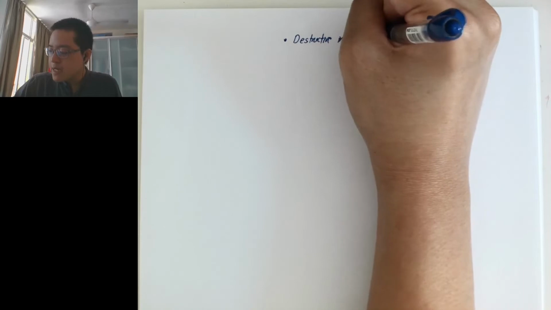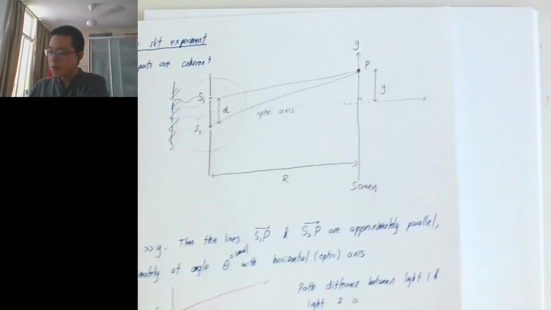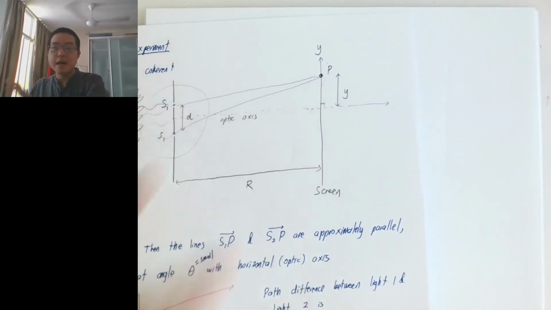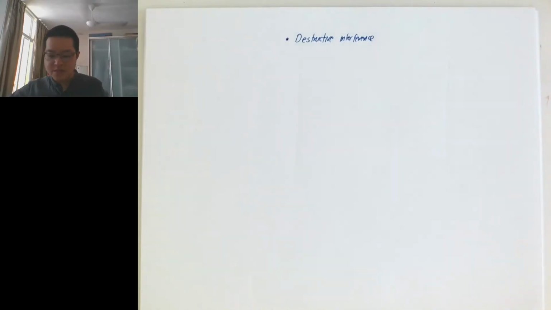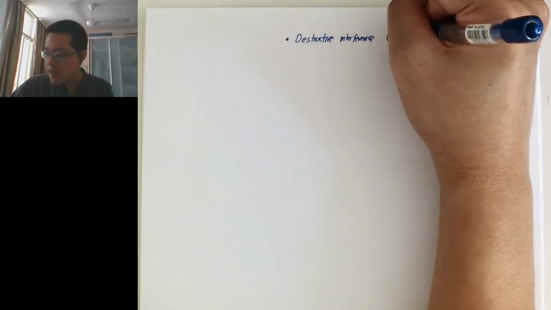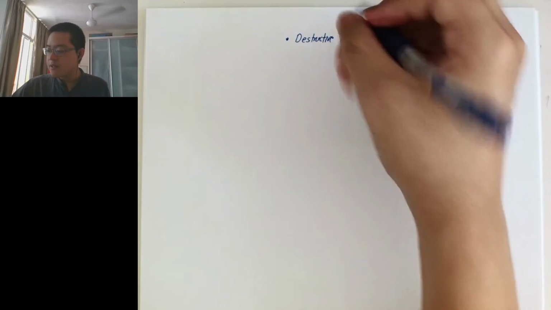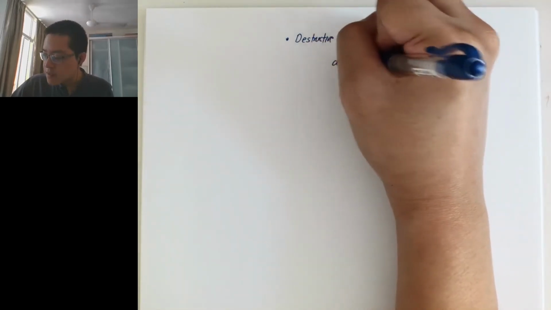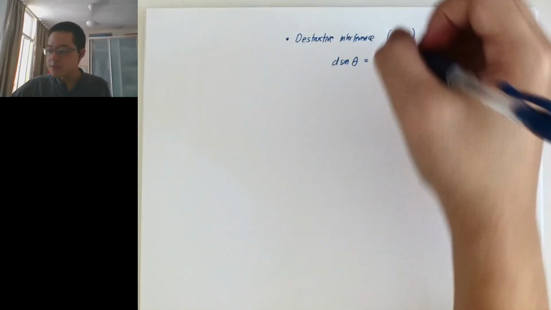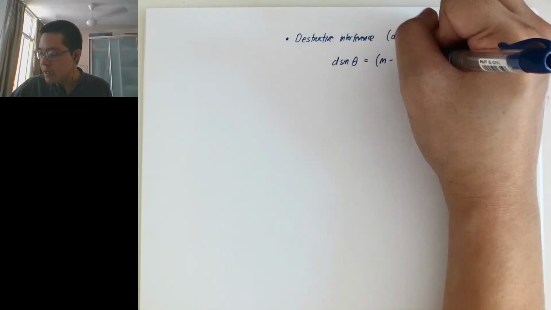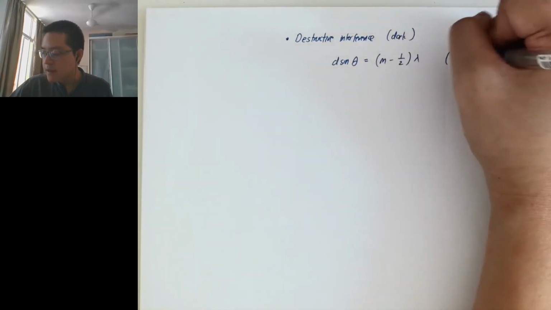So I want to find the position on the screen where the dark spots are, right? You've seen the picture already. So for the destructive interference, I want to have the dark. To have the destructive interference, the path difference d sine theta must be half integer, so (m minus half) of the wavelength, where m is an integer.